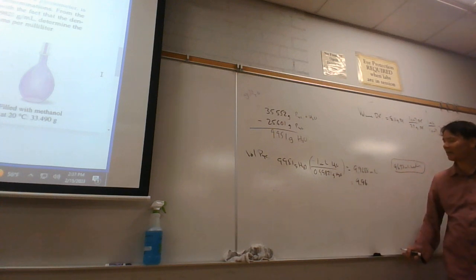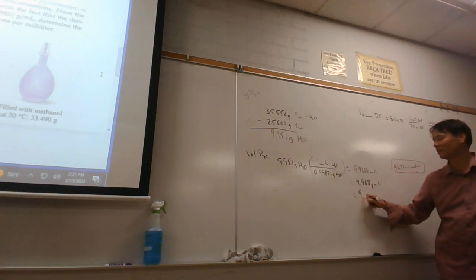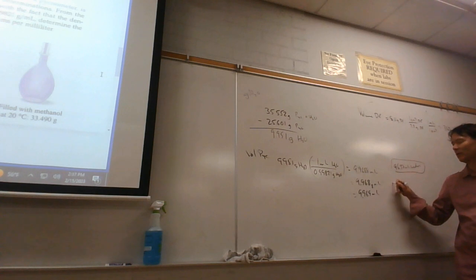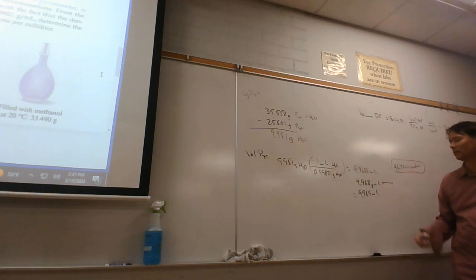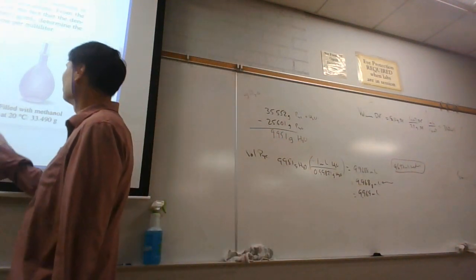This isn't my final answer. Since this isn't my final answer, I might carry an extra digit here. If this were my final answer, I'd round it to 9.969 milliliters. And so if I'm going to do another calculation, I might use this one instead, carrying an extra digit to minimize rounding error.